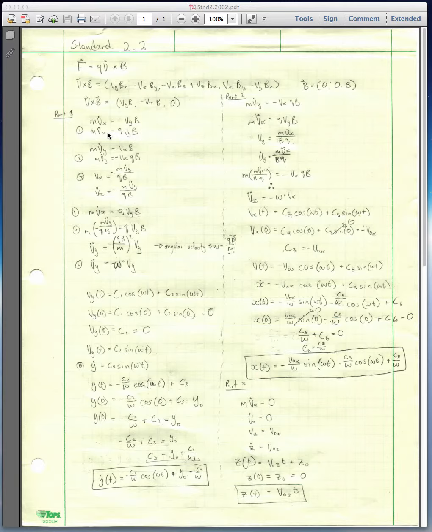From then on, I rewrote the same thing in the y direction. As you can see, in the y direction we have a negative term, so that's how we do it.